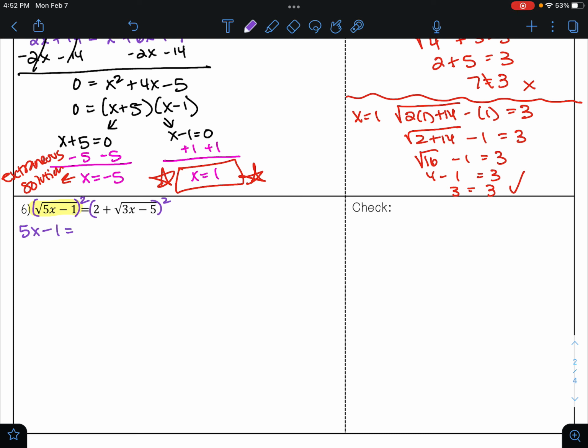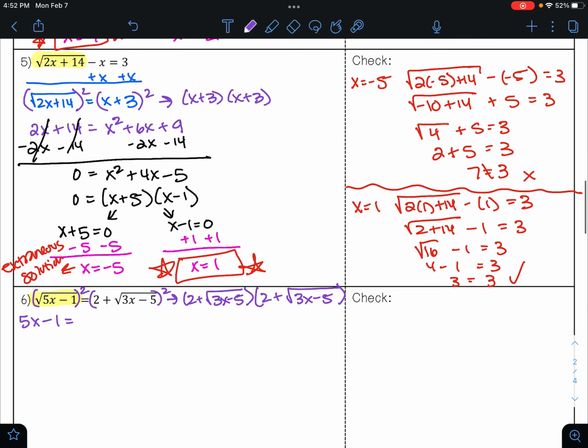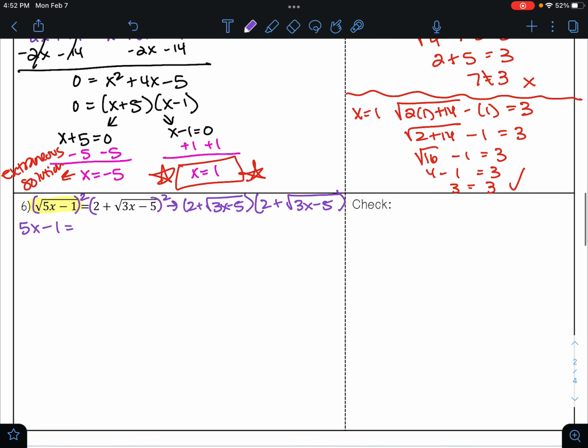Over here, I have a binomial being squared, so that means I have 2 plus the square root of 3x minus 5 times 2 plus the square root of 3x minus 5. It's a binomial being multiplied by a binomial. So we're going to do it the same exact way that we did on example 5 and on example 4. So 2 times 2 is 4.